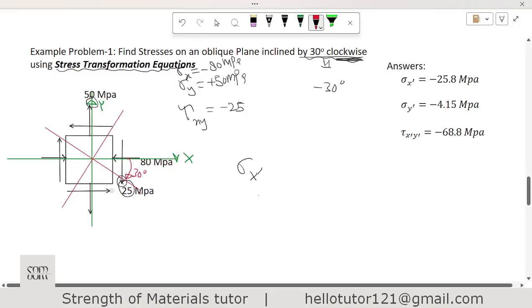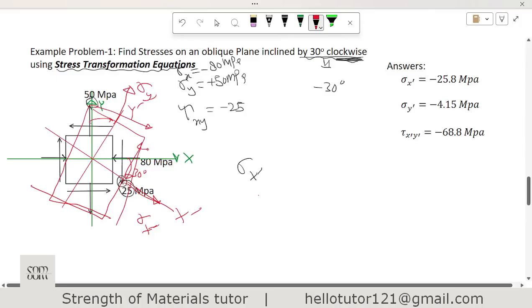This is going to be x dash and y prime or y dash. The rotated body is going to be something like this. Then we will have sigma x prime on the rotated body. We will also have maybe sigma y prime, we don't know, maybe it is 0, but we have to calculate. We will also have stresses on these. Basically we will have everything on this.